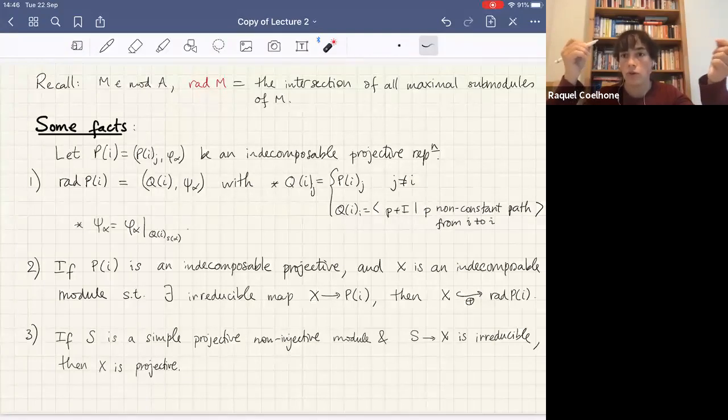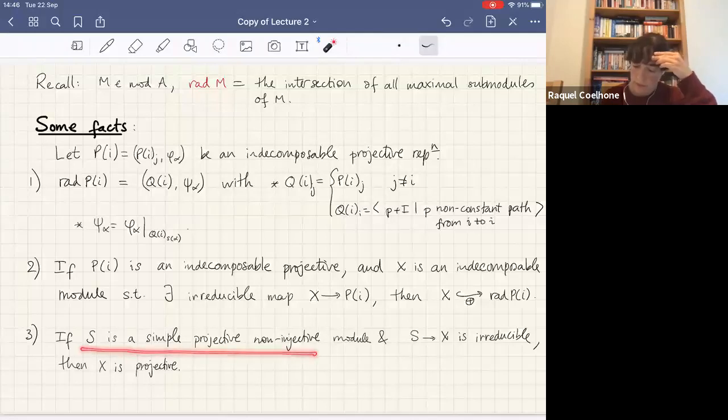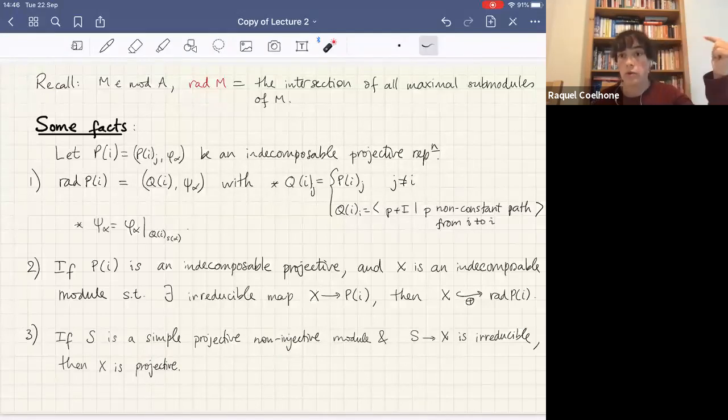Otherwise it would be a source as well, but then there would be no arrows. So the radical is 0, so there won't be irreducibles ending at S, but all the irreducibles starting at S will be from S to a projective. So S will be part of the radical of that projective.